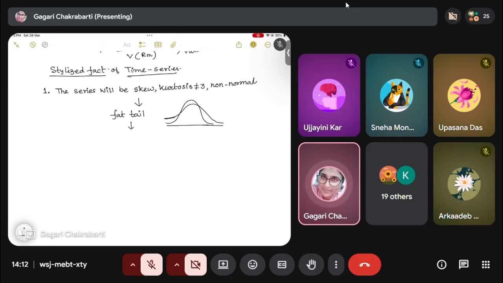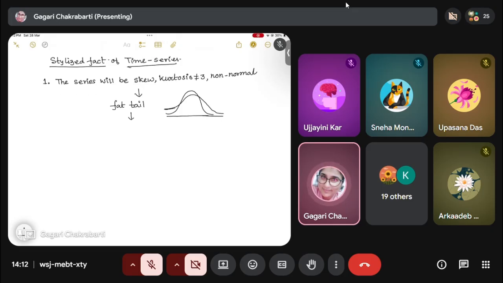Tails fat means তুমি টেলের দিকে কি টাইপ অফ ইভেন্ট পাচ্ছ, যেগুলো মোর এক্সট্রিম ইভেন্টস। তাহলে ইফ ইউ কনসিডার আ নর্মাল ডিস্ট্রিবিউশন, দেন এক্সট্রিম ইভেন্টস আর নট দ্যাট ইম্পর্টেন্ট, রাইট? এই জন্য টেলগুলো কিন্তু ফ্যাট নয়। কিন্তু যেটা ম্যান্ডেলব্রট পরে বলেছেন যে ইফ ইউ অ্যাজিউম দ্যাট দ্য রিটার্ন ডিস্ট্রিবিউশন ইজ নর্মাল, তাহলে কি হচ্ছে?